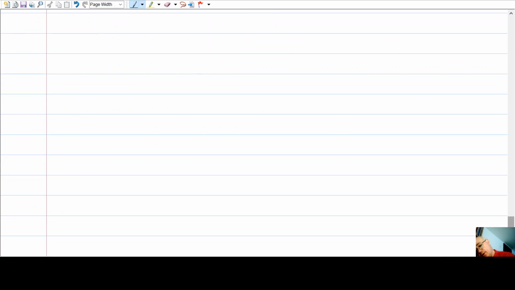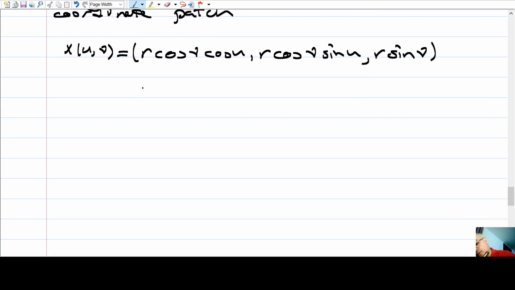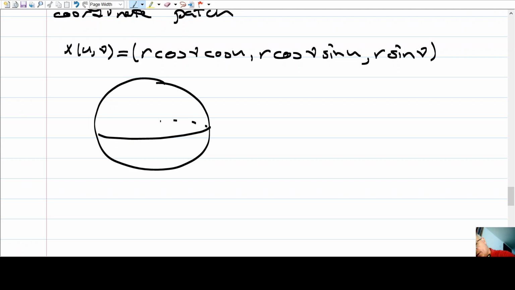Let me draw you the sphere we are talking about. So this is the z-axis.